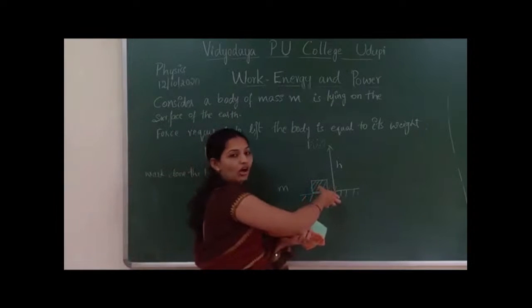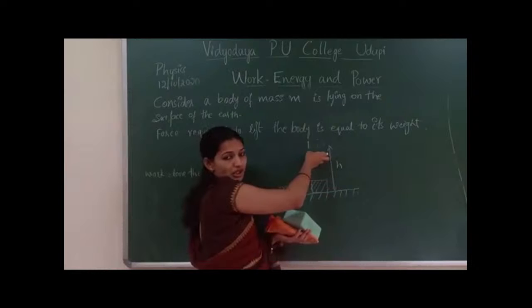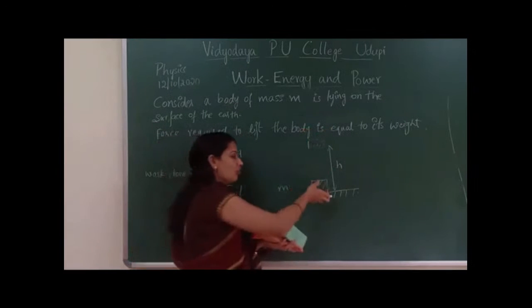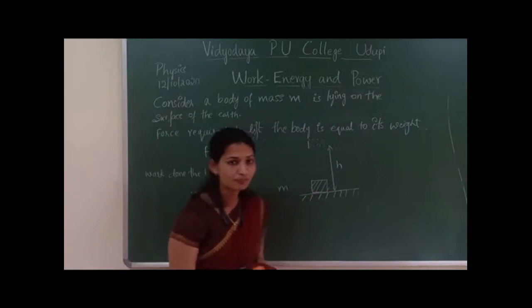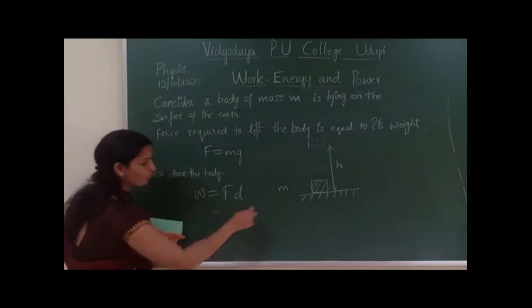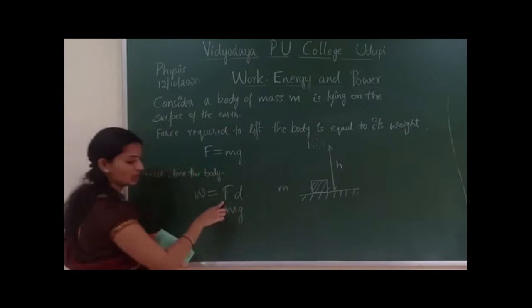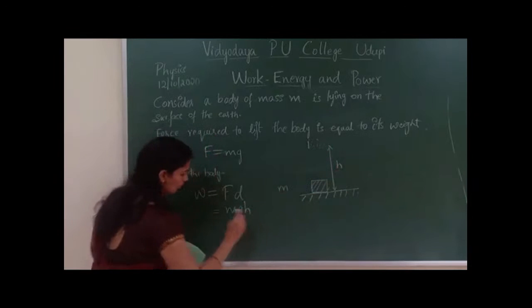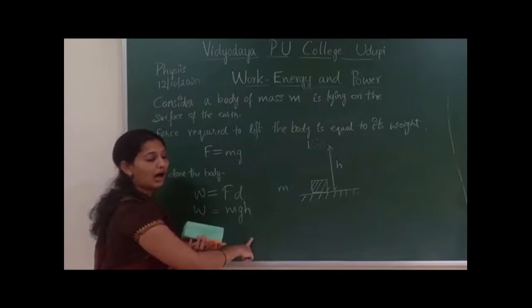Here our force is against gravity, and the force direction as well as the displacement of the body is the same. So our expression for work is F into d. Here the force is nothing but the weight of the body, so I can write it as m into g, and d is nothing but the displacement, it is h. Work done is equal to mgh.